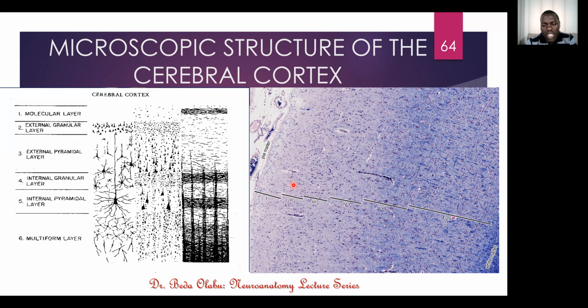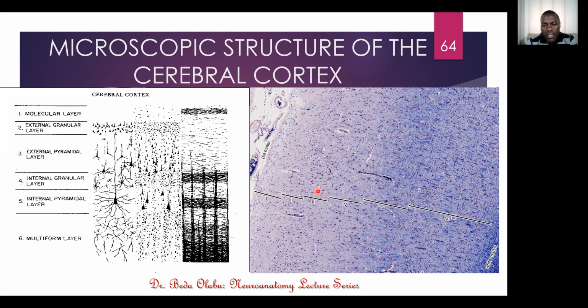If a neuron is coming from another cortical region, that neuron will most likely terminate in layer 2. So it's an input center for neurons arising from other cortical regions. That means that it's an input center for association fibers as well as for commissural fibers, because those are the ones which come from other cortical regions.